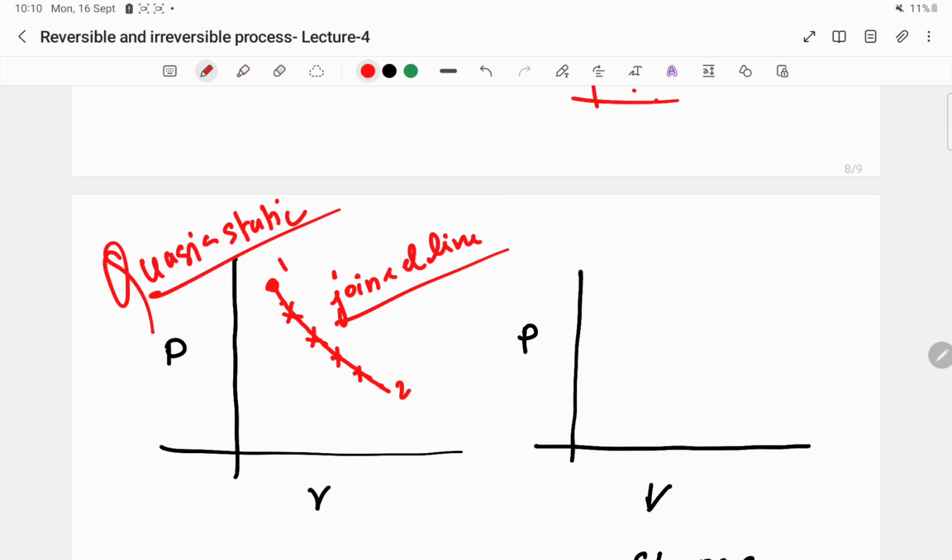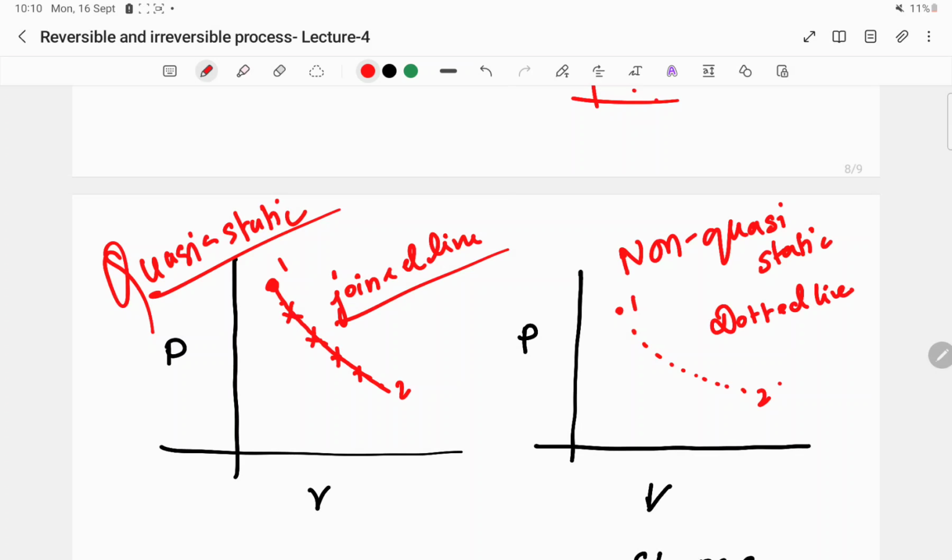And if it is non-quasi-static, then what happens? Your state 1 and state 2 and all the processes in between will be shown in a dotted line. Okay, non-quasi means it's a fast process, and quasi means it's a slow process.